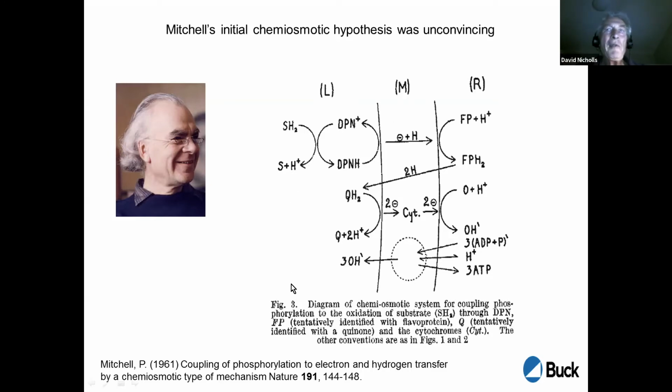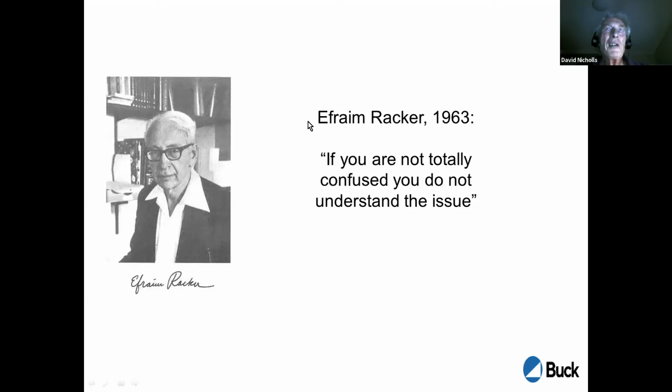And so they were generally largely ignored for several years. And in fact, one of the classic mitochondriologists, Ephraim Racker, in 1963, said, if you're not totally confused, you don't understand the problem, basically. So that was the state of mitochondriology when we started looking at brown adipose tissue mitochondria to try and understand them.